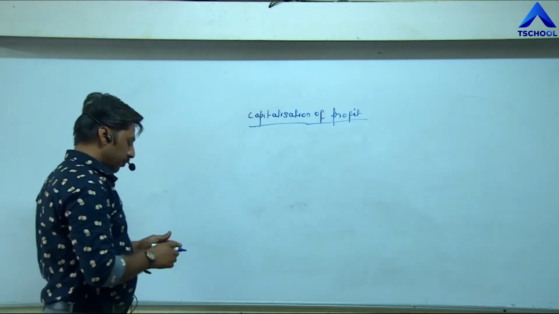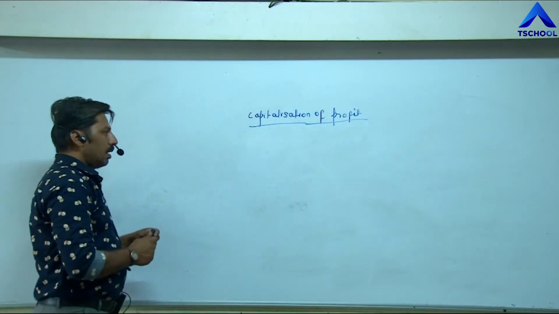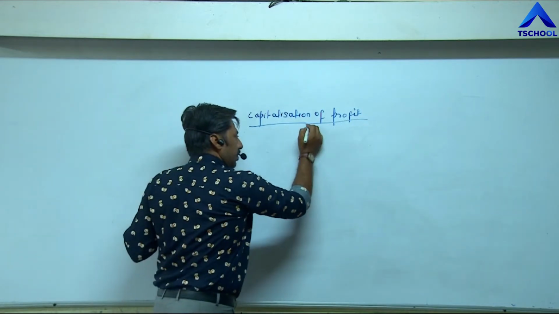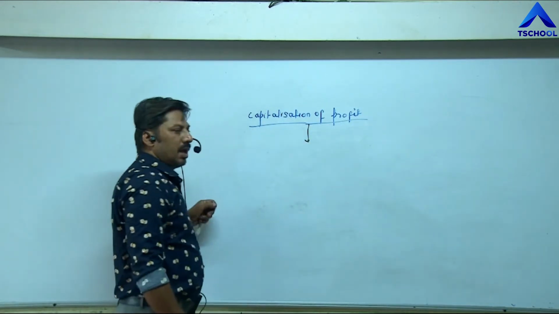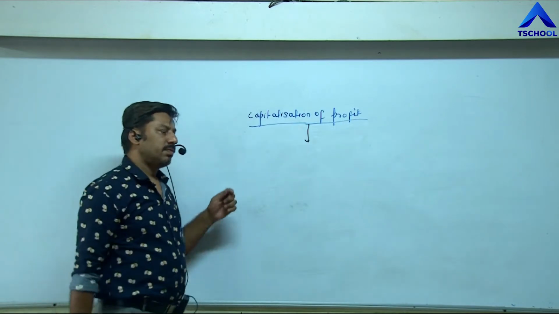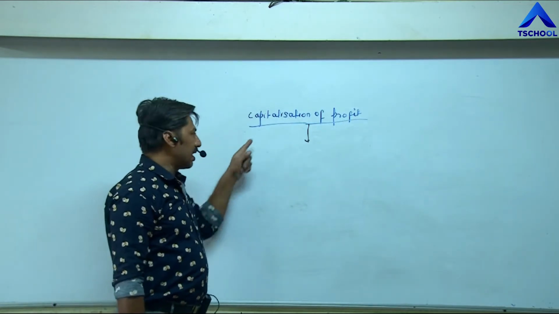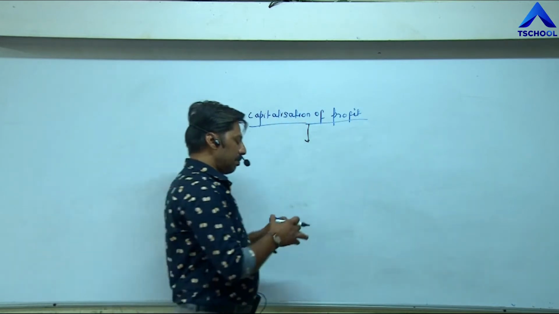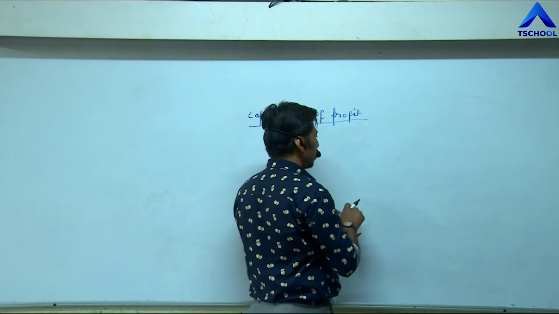In capitalization of profit, theoretically, there are 4 formulas in total: average profit method, weighted average profit method, super profit method, and last one is capitalization of profit method.